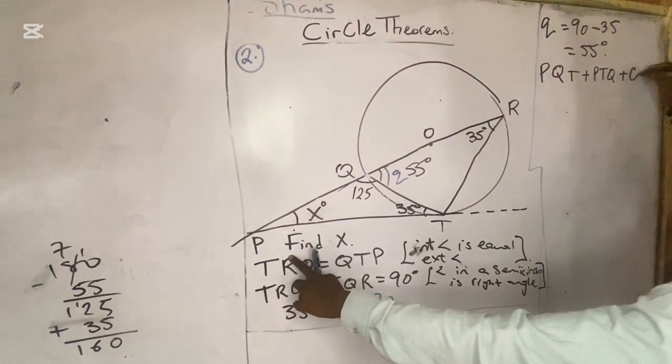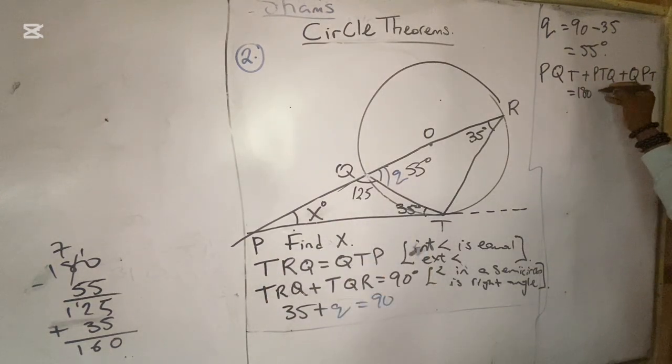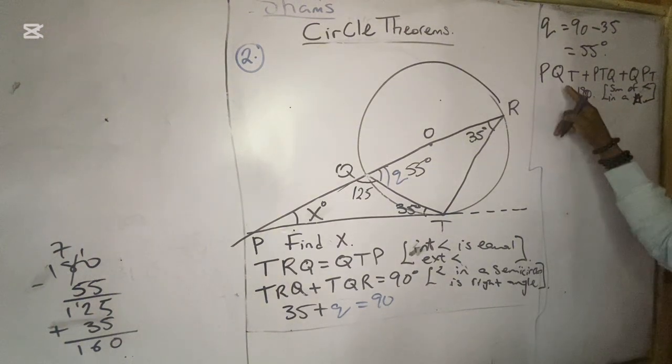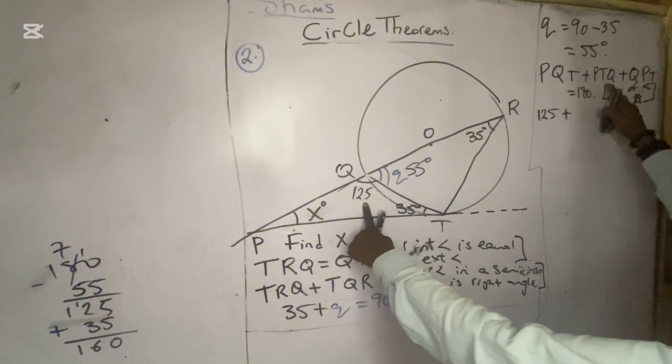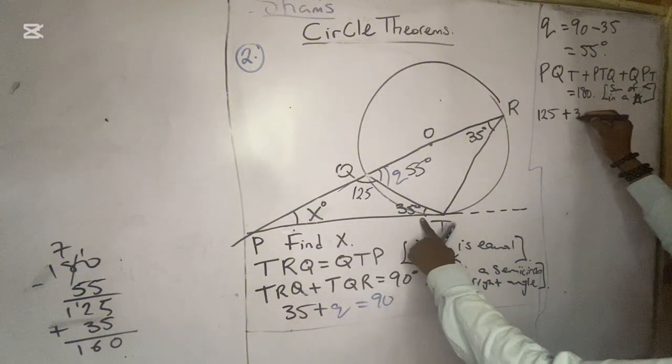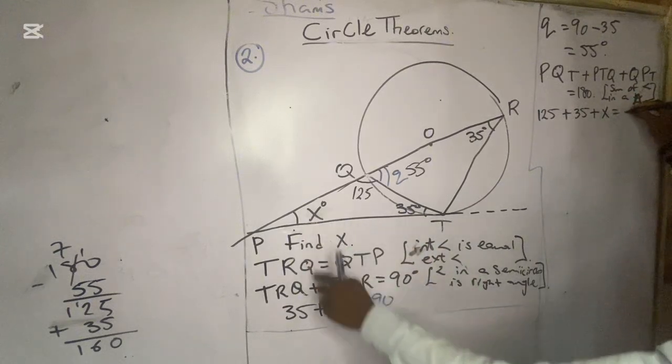And that's QPT. Everything there equals what? 180. What law is that? Sum of angles in a triangle. So from here, what do you have? Our Q is 125, plus our T, which is 35 degrees, plus our P, which is X degrees, equals 180 degrees.